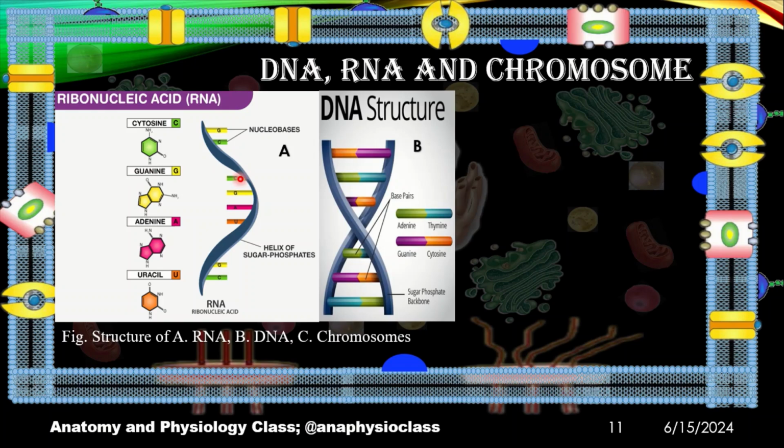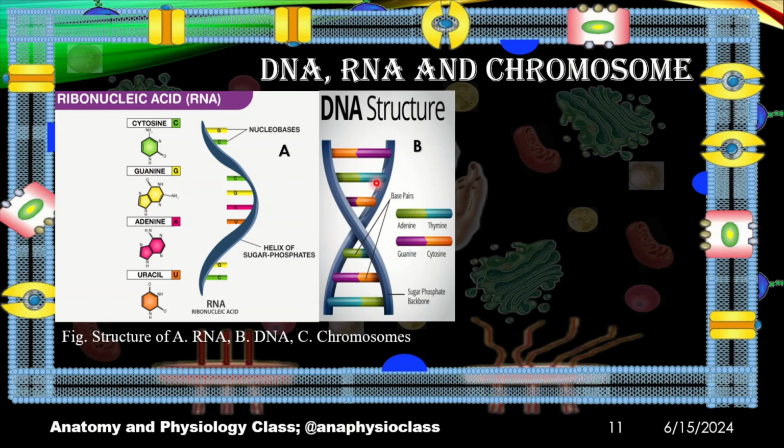DNA stands for deoxyribonucleic acid, unlike RNA, which is ribonucleic acid. RNA is composed of a ribose sugar. I don't want to go deep into the biochemical structure of the RNA so that you will not get confused.